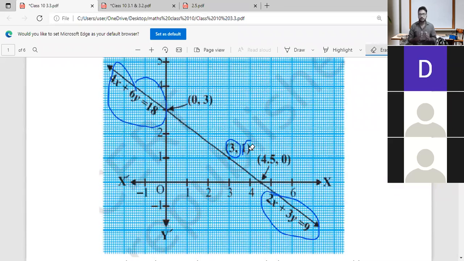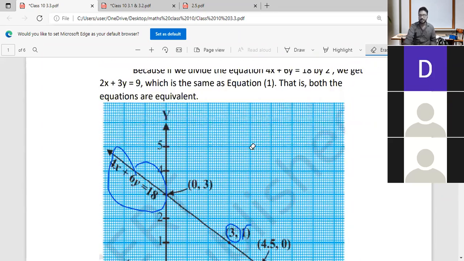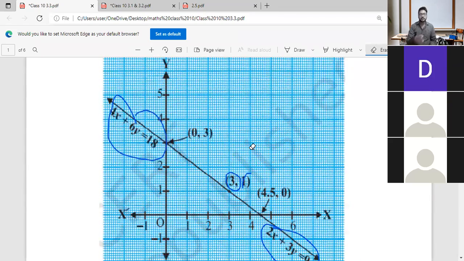Whenever you are given equations like this to solve, you have to make a table, then draw a graph. If these lines are intersecting, we will learn that a little bit later.